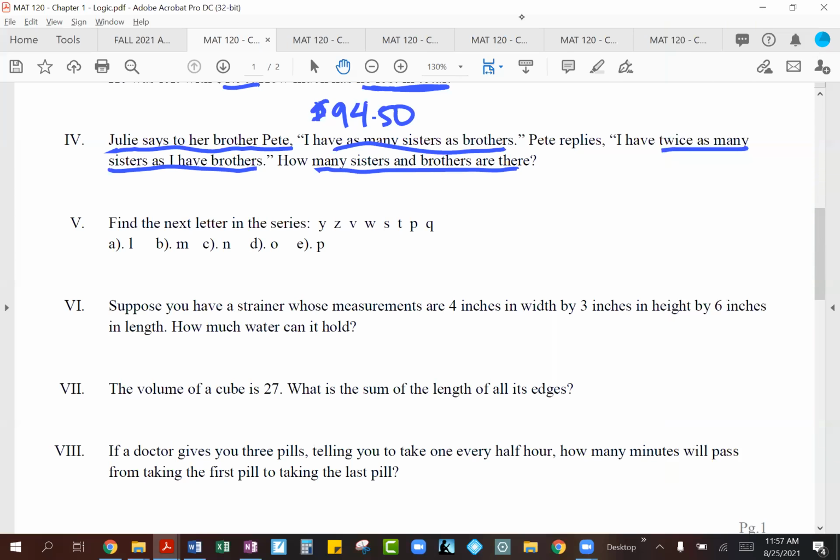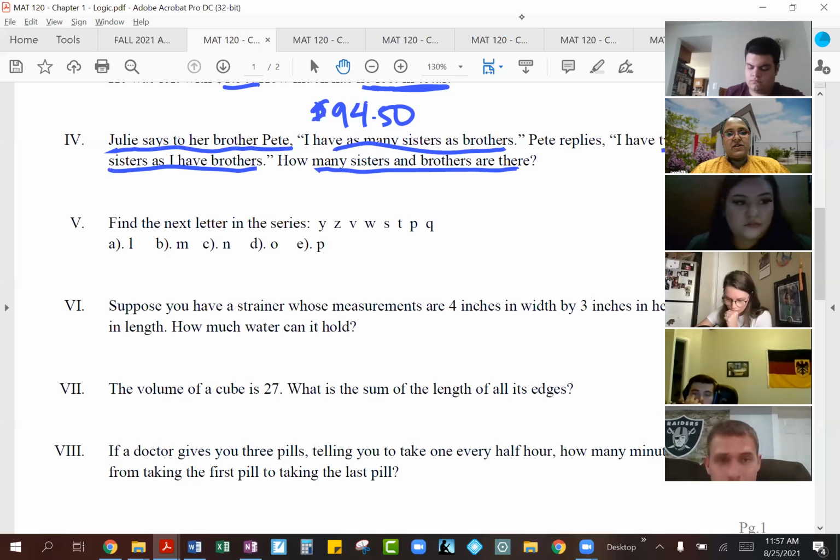Then tell me how many girls and how many boys you think there are in the family. And of course, don't send your answers just yet.